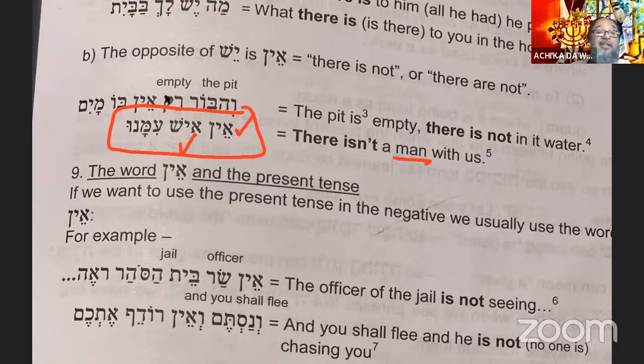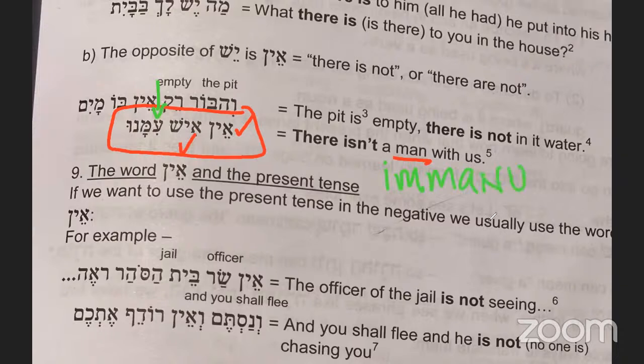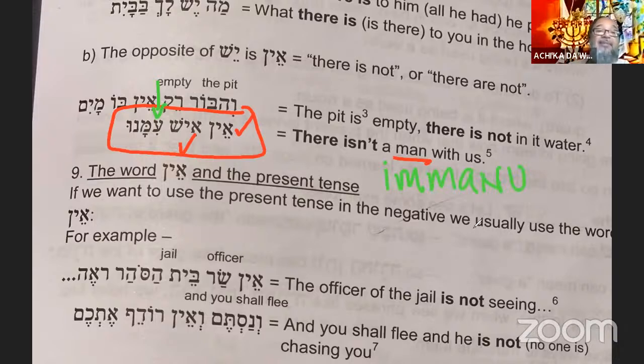I got the ayin is going to be silent. So I'm going with an I for the little dot. And then I got how many M's? Two. And then I got an ah. And then I got a nu. Amanu. Emma nu.